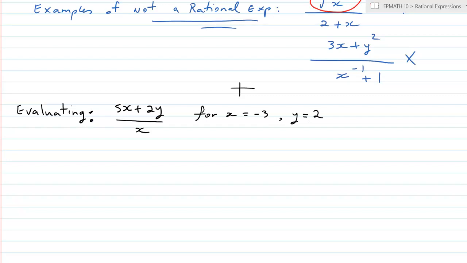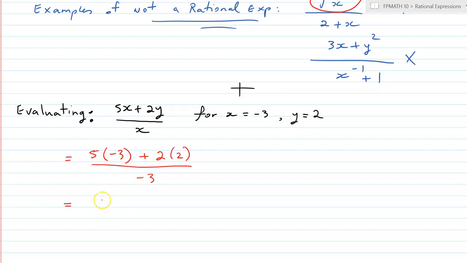So x is minus 3, so wherever you see x, you put in minus 3, and remember BEDMAS. So we have 5 times minus 3, because 5x means 5 times x, plus 2 times 2, because y was 2, so 2y is 2 times y, divided by x, which is minus 3.